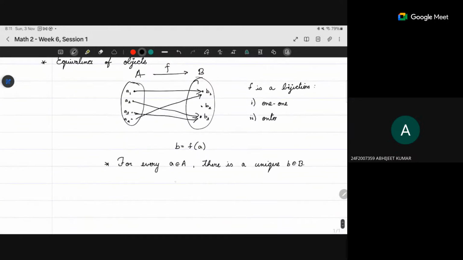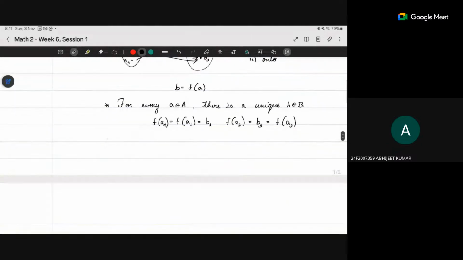So in this case, the rule of the mapping is f of A1 is B1, f of A2 is B3, which is the same as f of A3, and this is the same as f of A4, right? F of A4 and f of A1 both are B1, and f of A2 and f of A3 both are B3. So for every A, there is a unique B in B is fine.